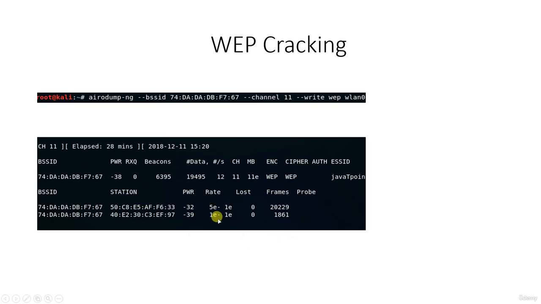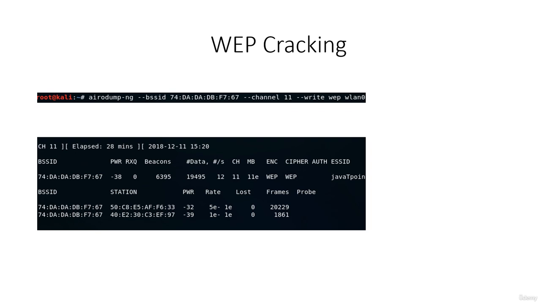After running the command, the following output will be shown. This is a busy network, and the data shows the number of useful packets that contain different IVs, and we can use them to crack the key. If the number is higher, then it is more likely we can crack the key.